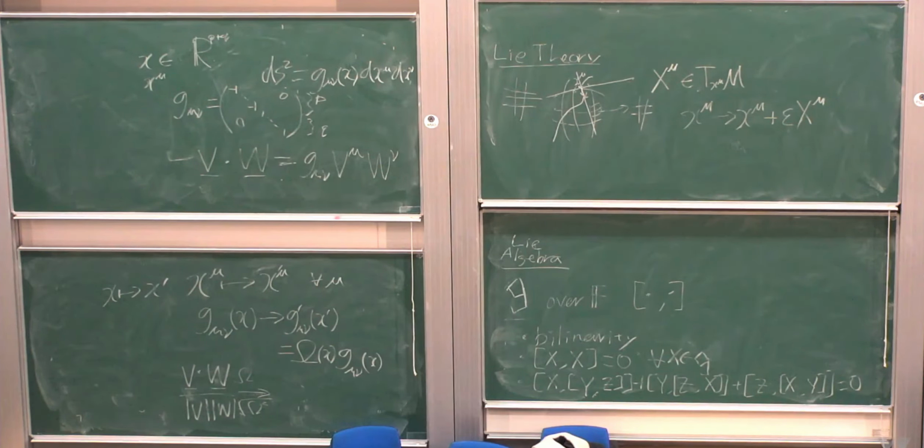This is the manifold. The tangent space is the Lie algebra, and from here, if you want to get to this point, from that point, sorry, like so.